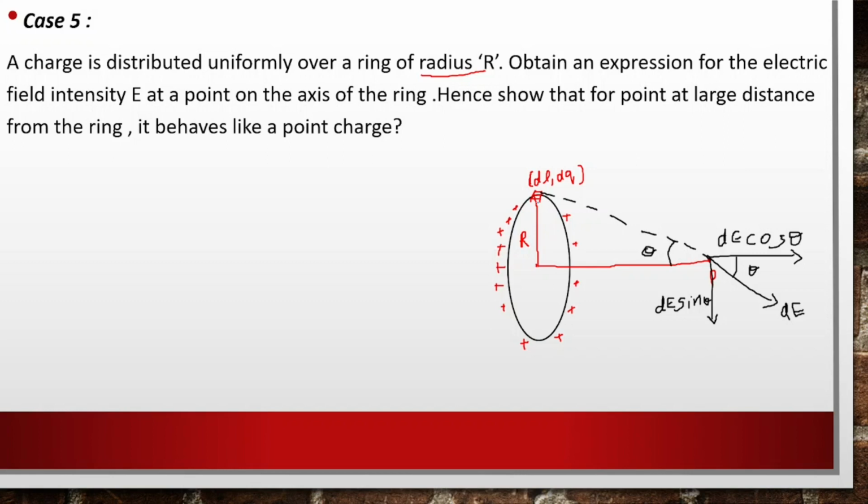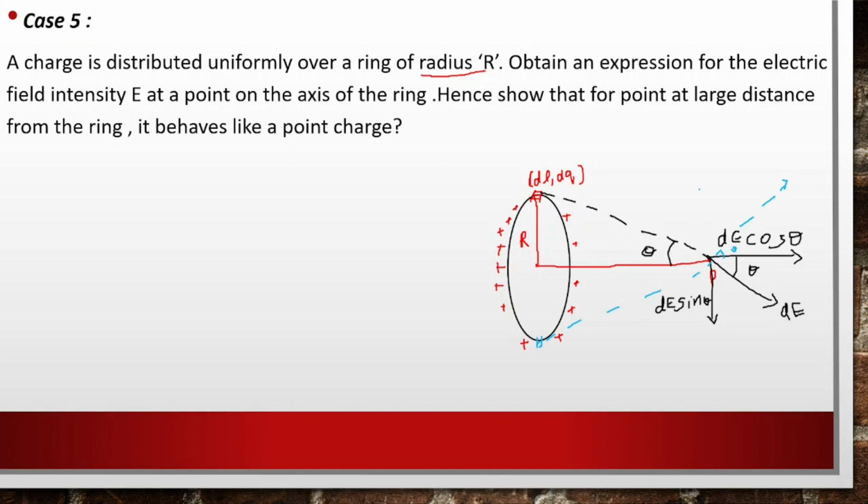Now let's consider a mirror image of this element dl. That means let's consider a dl element here. Due to this element there will be an electric field in this direction. And this angle becomes theta, so we can take components.